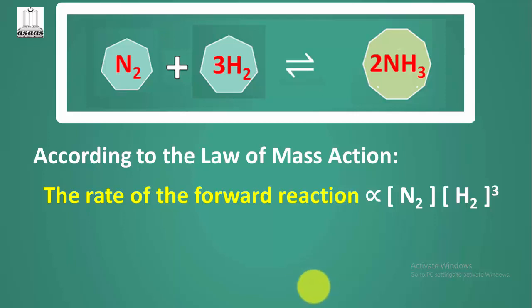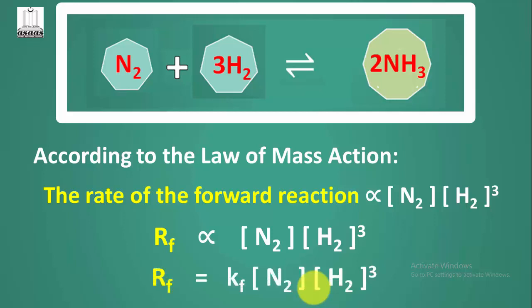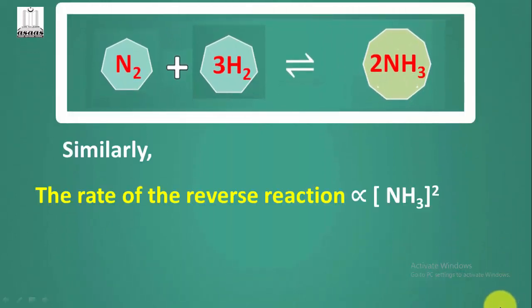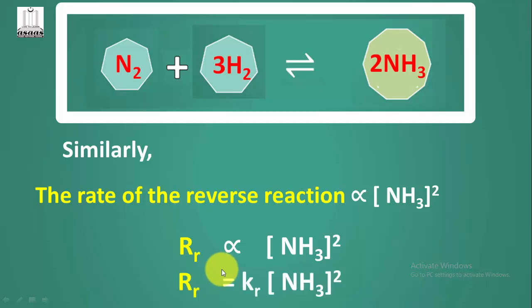So Rf is equal to Kf N2 H2 raised to the power 3. Similarly, the rate of reverse reaction is directly proportional to the product, NH3 raised to the power 2, and Rr is equal to Kr multiplied by NH3 raised to the power 2.